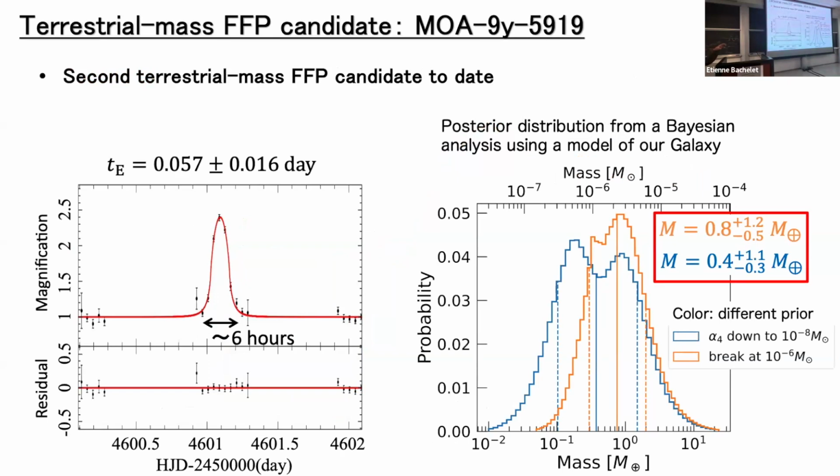The right figure shows the posterior distribution of the lens mass from our Bayesian analysis using a model of our galaxy as priors. We tried 2 different priors for the mass function, and both indicate that the lens mass is a terrestrial mass. So we concluded that this is the second terrestrial mass FFP candidate to date.